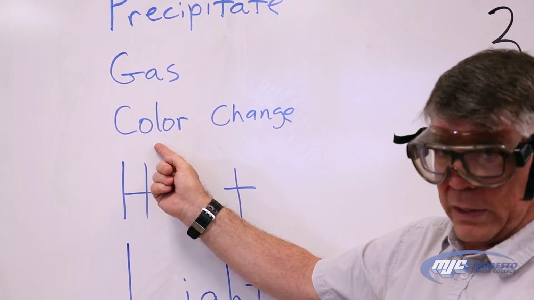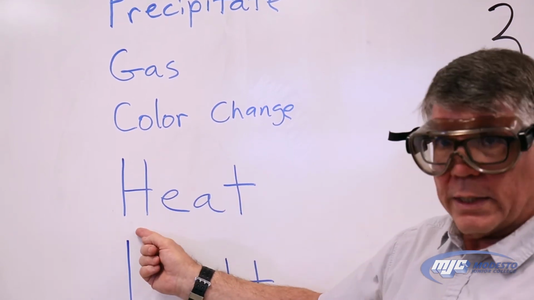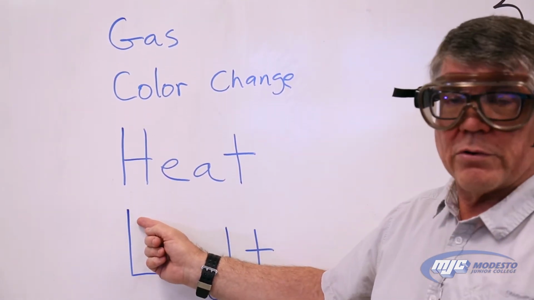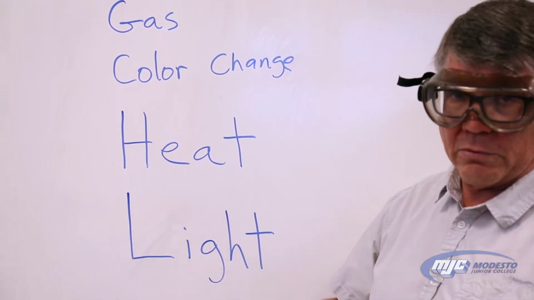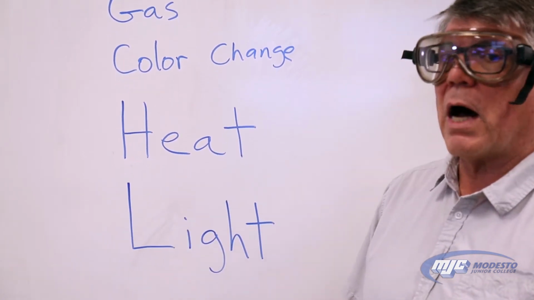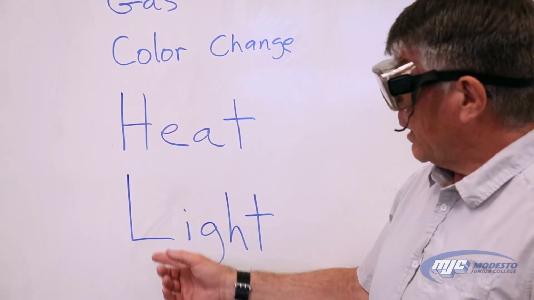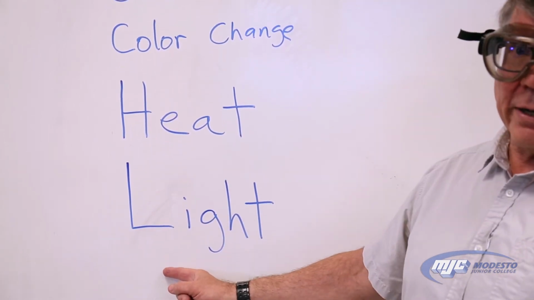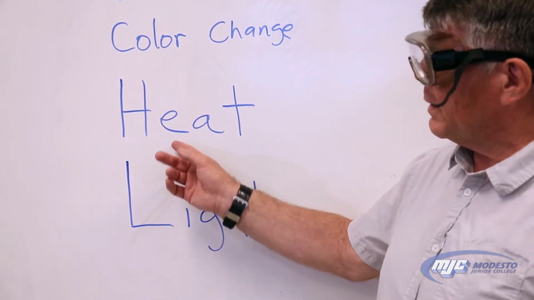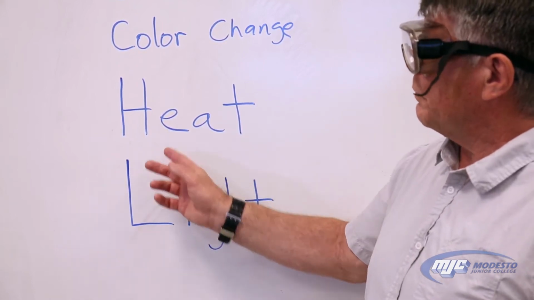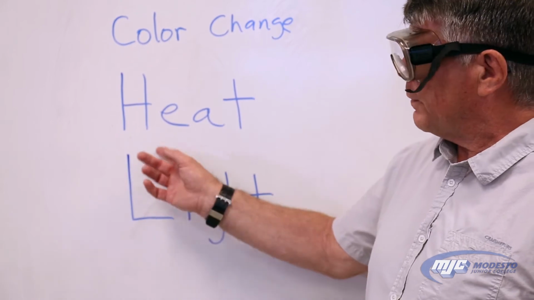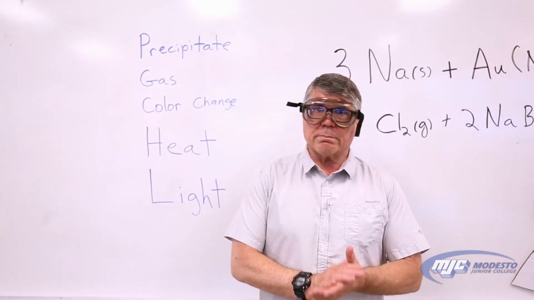It changes color, chemical reaction occurred. Heat. Either the evolution of heat, thermal energy, or the absorption of thermal energy. If it gets hotter or colder, that's another sign that a chemical reaction occurred. And the last one is the evolution of light. We're not going to see anything in this experiment where we see either of these happening, but they do occur in nature. And so that's what we're doing.